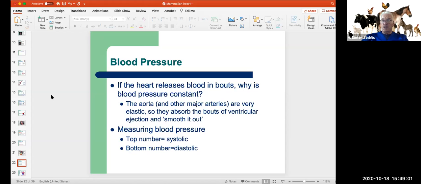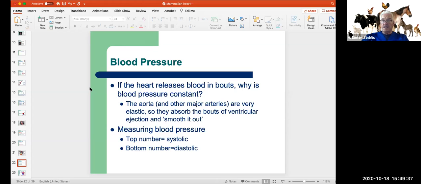Well, what about blood pressure? How is blood pressure regulated? Because the heart, through its pumping action, as you can imagine, releases blood in bouts, sort of spurts. So how do you keep blood pressure from bouncing around, from going up and going down? One way you do that is through the major arterial system, especially the dorsal aorta, the big, heavy vessel that carries blood away to the whole body.